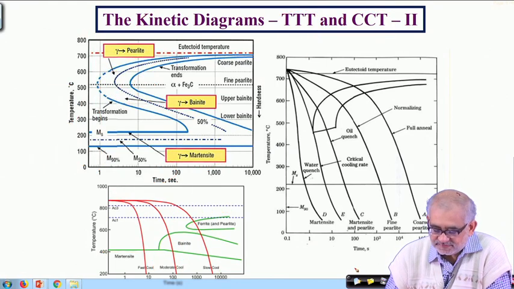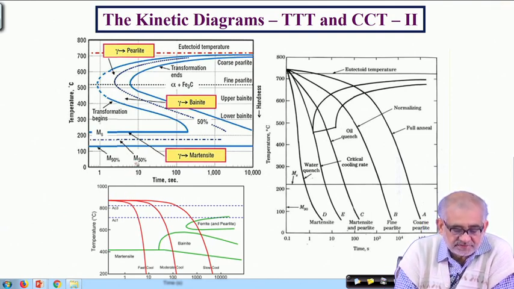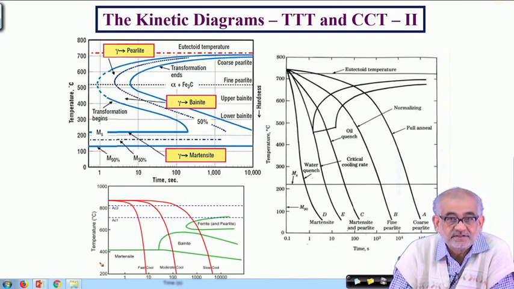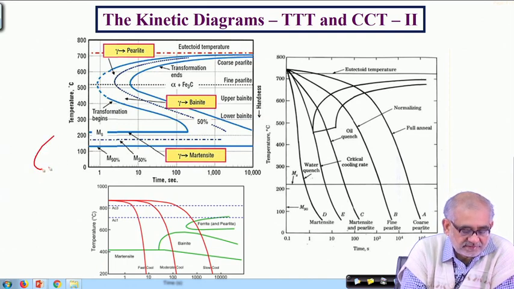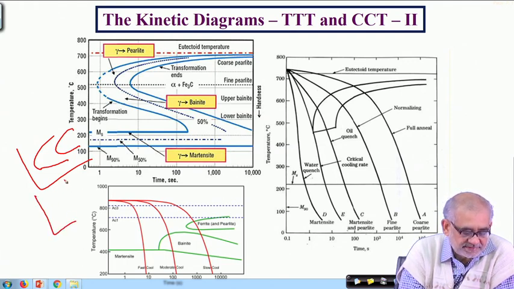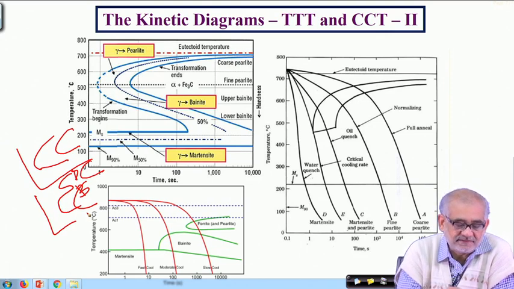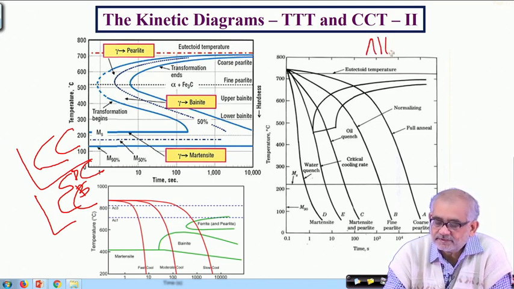So the point I'm trying to make is that if I want this change in shape of a TTT or CCT into such split portions, so instead of having such a curve, if we want to split it either like this, so this portion is pearlite and this portion is bainite, or completely have two different curves for pearlite and bainite, we need to bring in another influence, and that influence is coming from the so-called alloying elements.